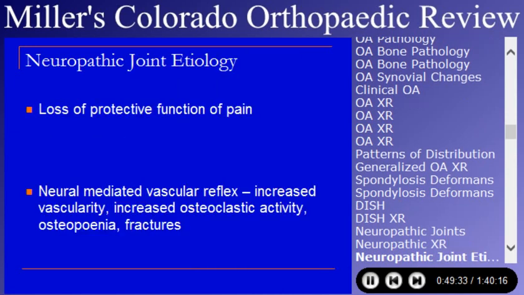Neuropathic joint etiology has a couple of different presumptive etiologies: loss of the protective function of pain, or a neural-mediated vascular reflex, and these are not mutually exclusive.